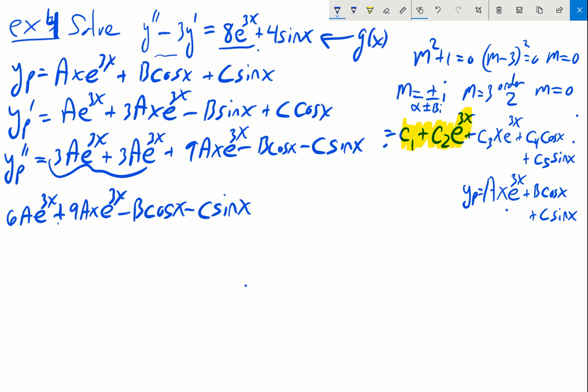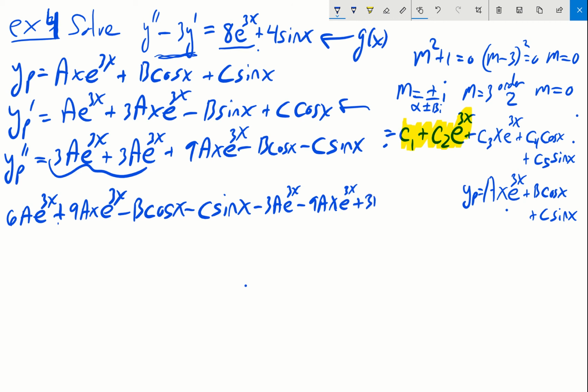When I write it down, let's already go ahead and multiply y prime by negative 3. Multiplying this derivative by negative 3, we're going to get a negative 3A e to the 3x minus 9Ax e to the 3x.